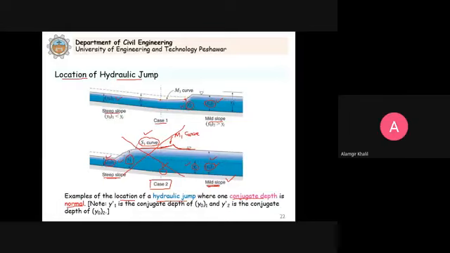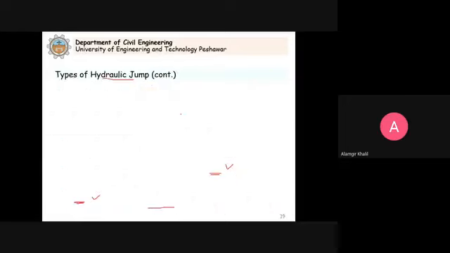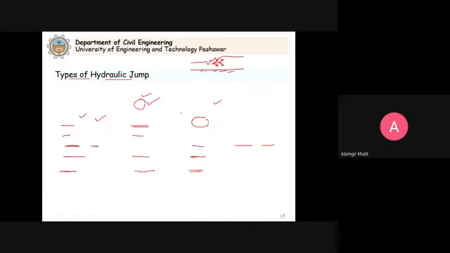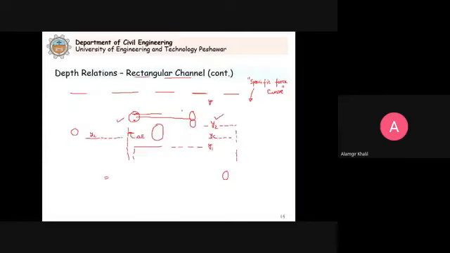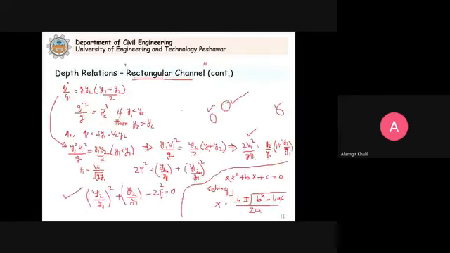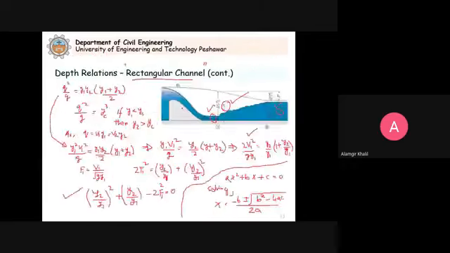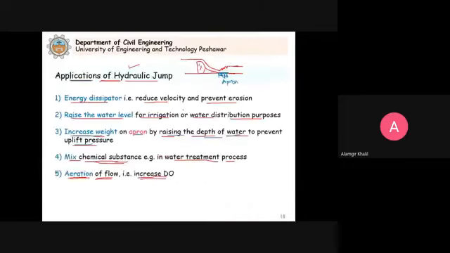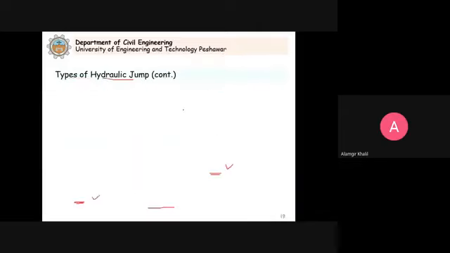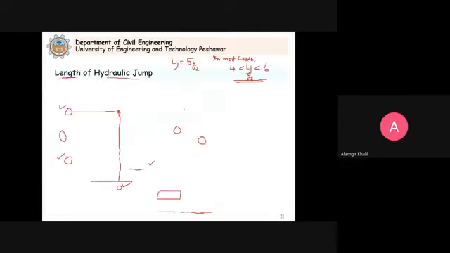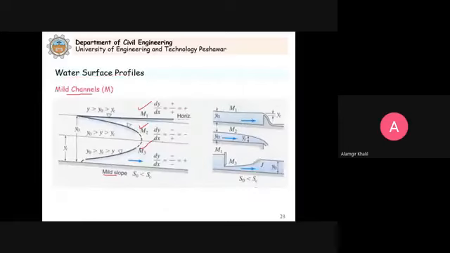Why? The reason is that this is the depth corresponding to steep slope. And when this depth comes here on a mild slope, it will try to increase. This is what we discuss here. I show you already in here, because if you remember, let me go to the figure here.